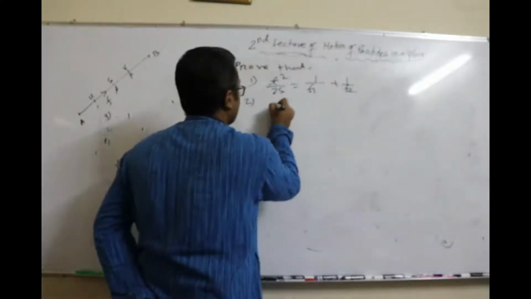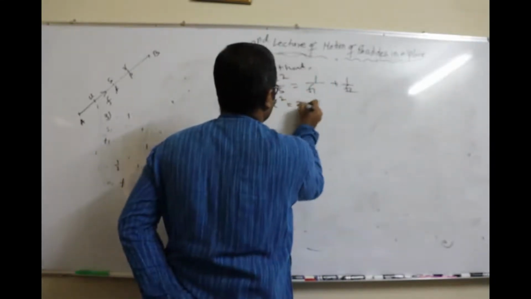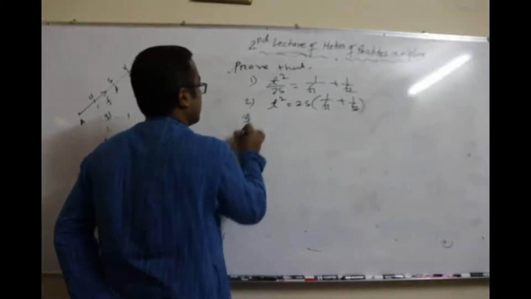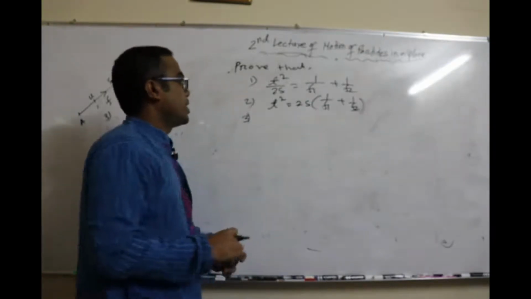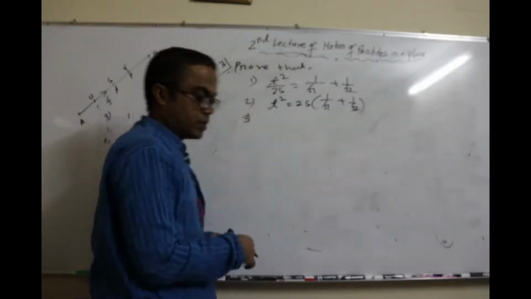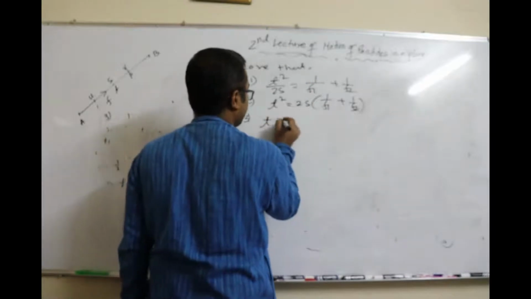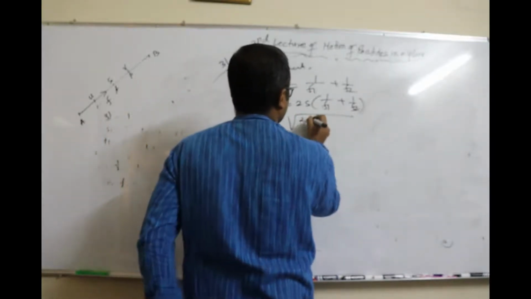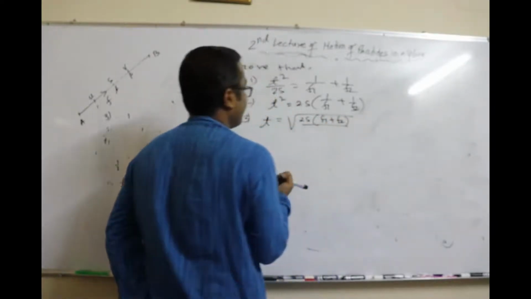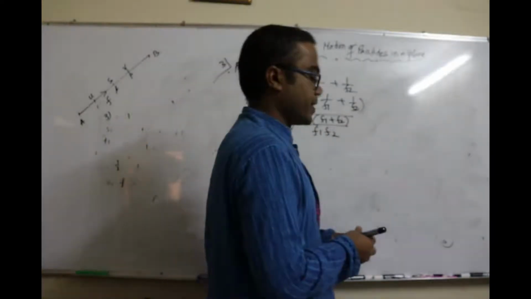Number two, t square equal to 2s times 1 by f1 plus 1 by f2. Okay, with the help of what? Three numbers of information you can solve this one, and the last one, t equal to root of 2s(f1 plus f2) by f1 f2.